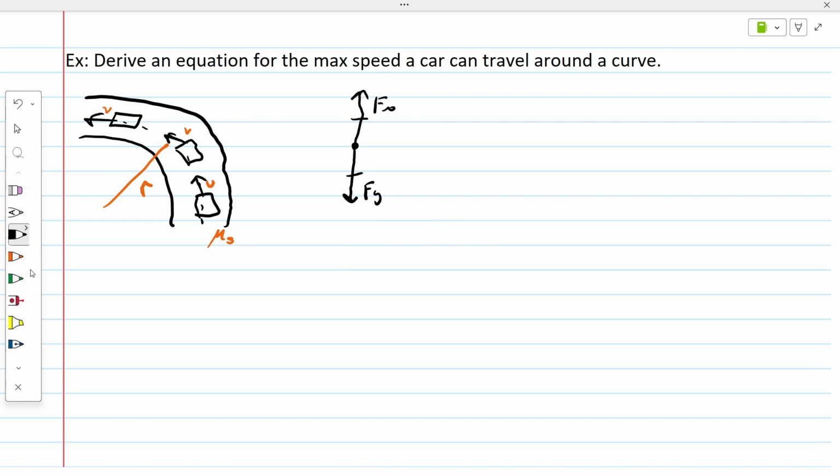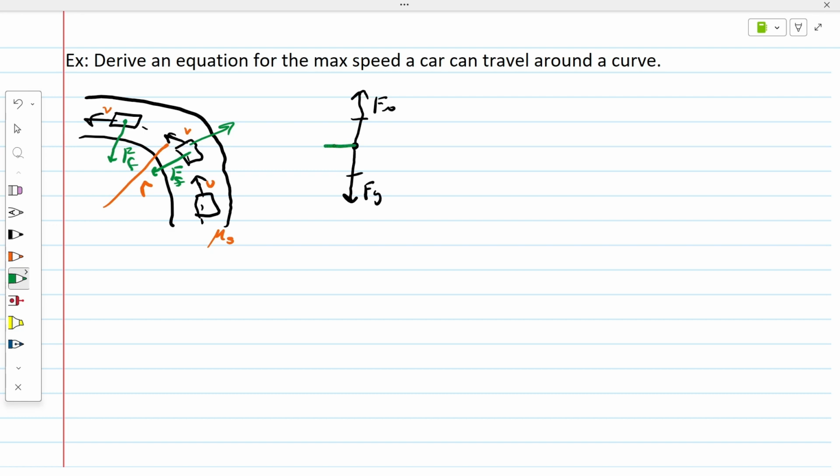So we know that there has to be some centripetal force, some force that's causing this car to move this way and not slide out. You may think it might be an applied force or something because the car is turning, but really what's happening is friction is keeping this car from sliding out this way. So this force here is actually going to be the frictional force.